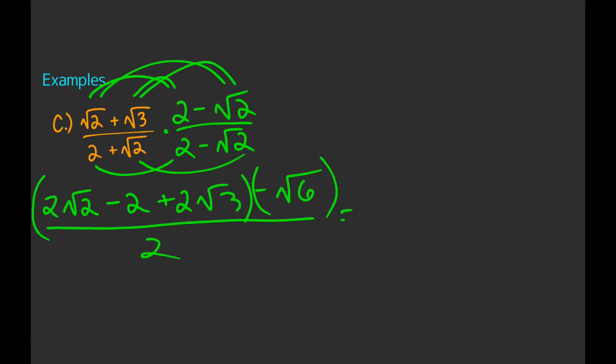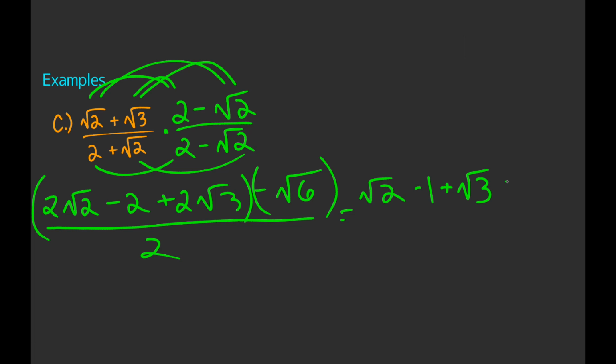And we're going to divide that first parentheses by 2. So we're going to get 2 square root of 2 divided by 2, which will just be the square root of 2. And then negative 2 divided by 2, which is negative 1. And then positive 2 times the square root of 3 divided by positive 2, which will be positive square root of 3. And then we have that last term that we can't divide by 2, so we're going to keep it in fraction form.